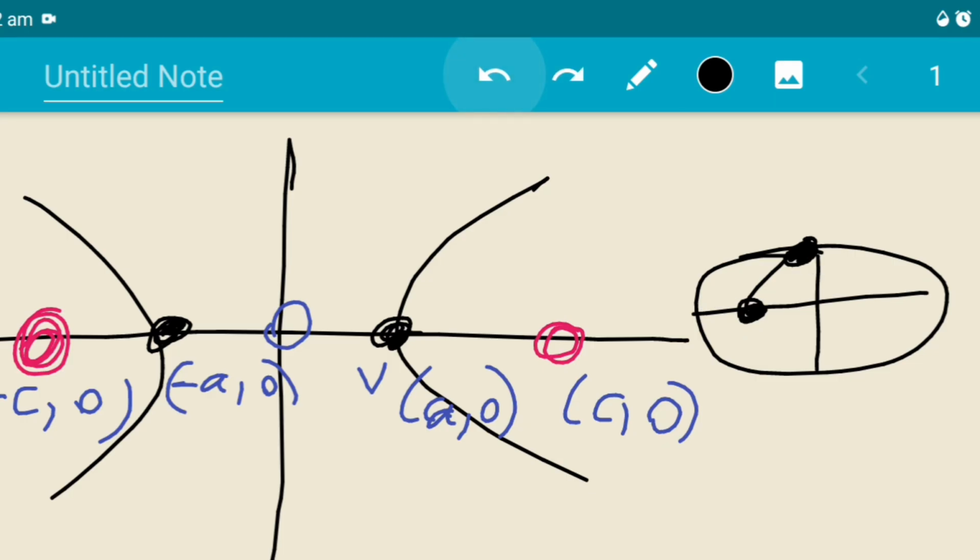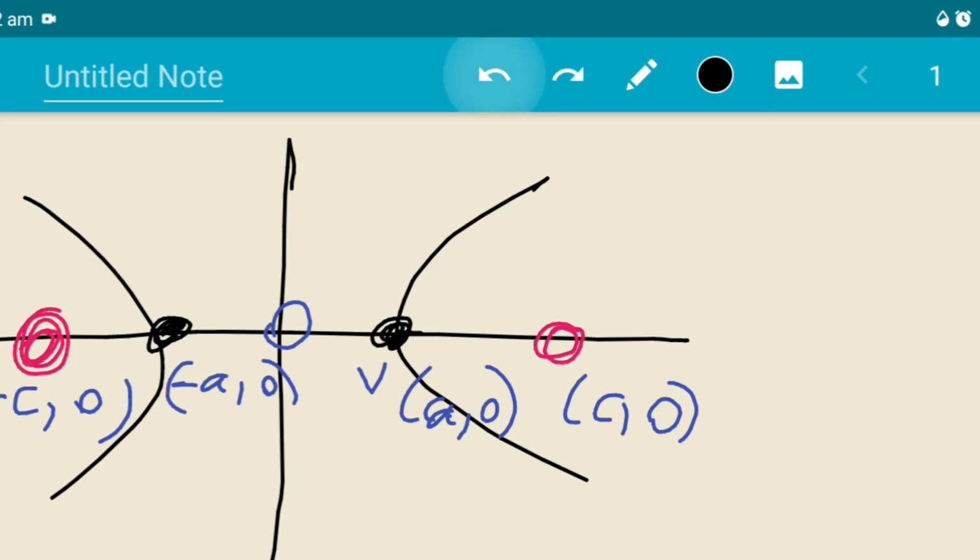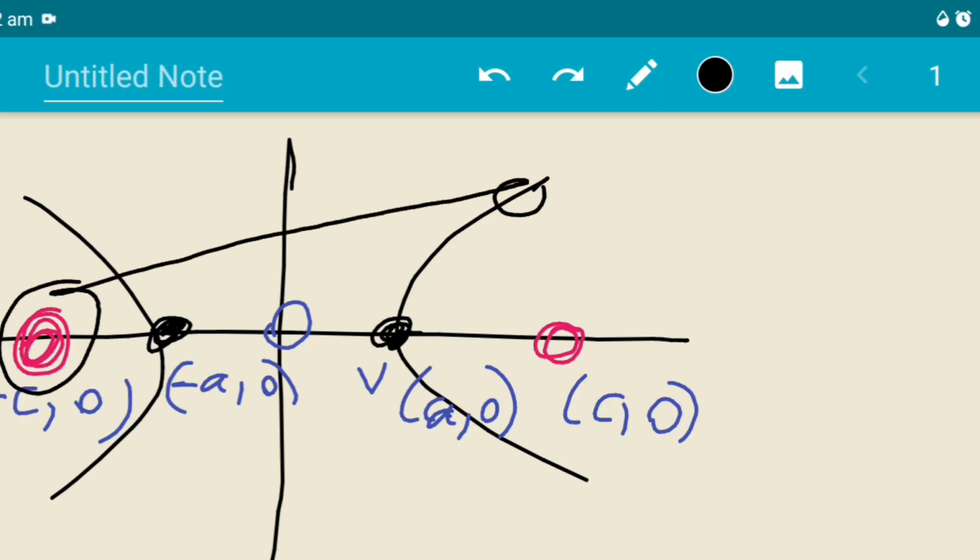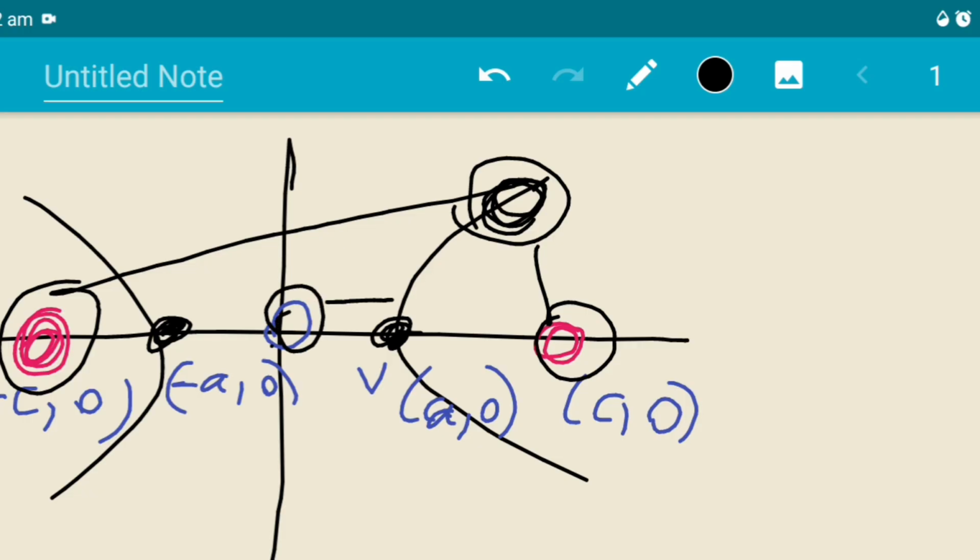In a similar way, the distance from one focus to the other side, on the surface of the hyperbola, minus the distance from here until here should be equal to what? 2a. And a is the distance from here up until here. So when they say 2a, it is equal to this entire distance.